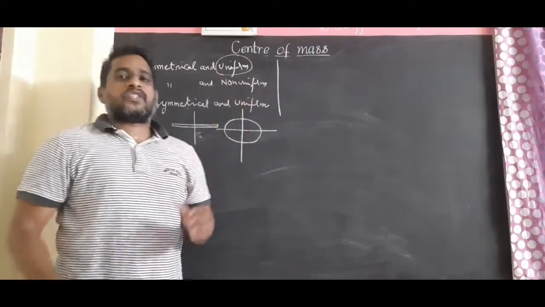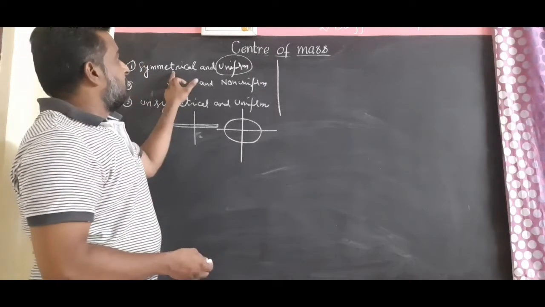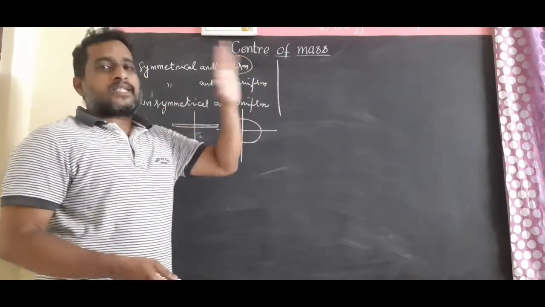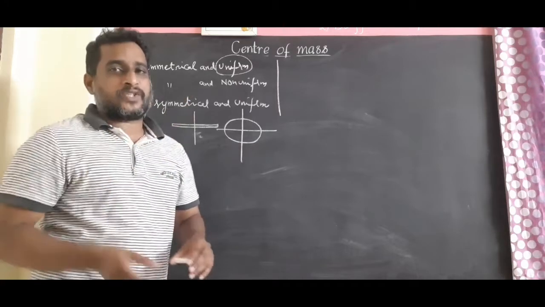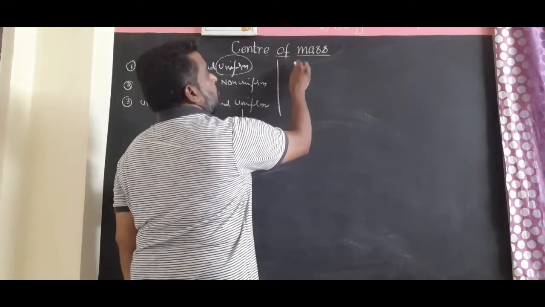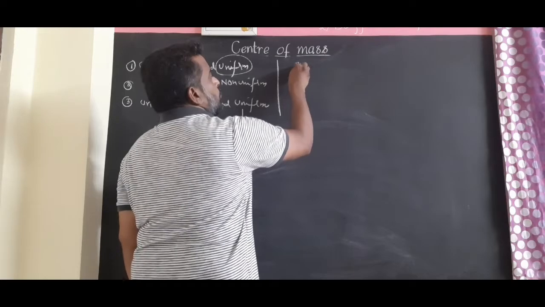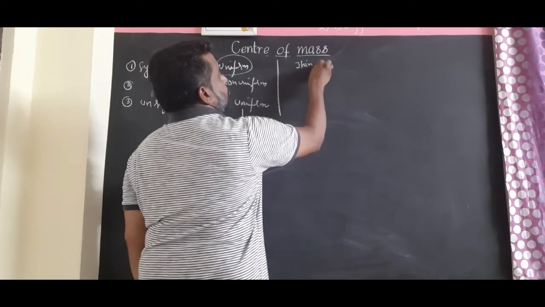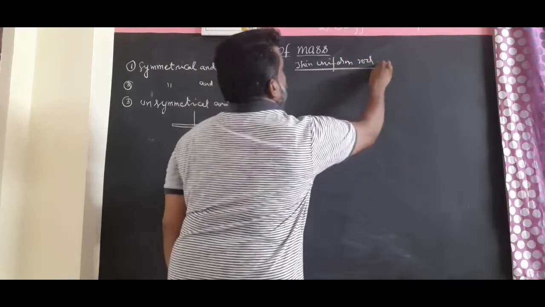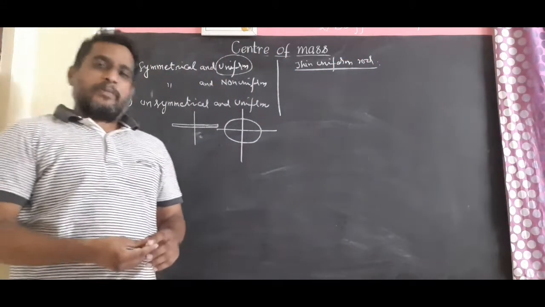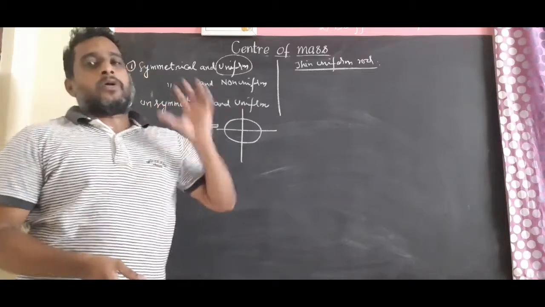Look at this first case: symmetrical and uniform mass distributed bodies. One simple example I will discuss for this case. Take an example of thin uniform rods, symmetrical and uniform rods.